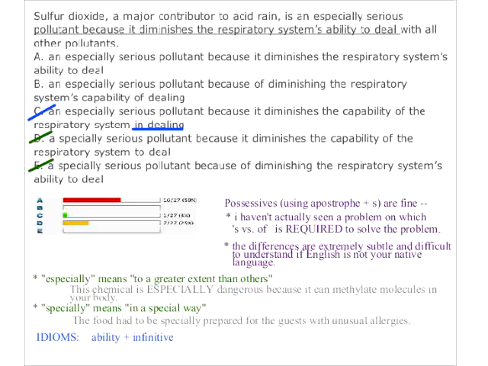Because of diminishing doesn't work, this is not an okay idiom. You can't say because of verbing. That's always incorrect. So you can put that in your book if you want to: because of verbing is incorrect. That leaves us with A.